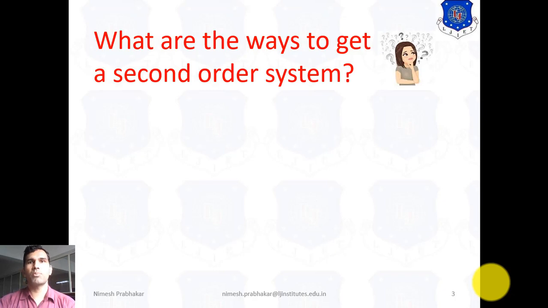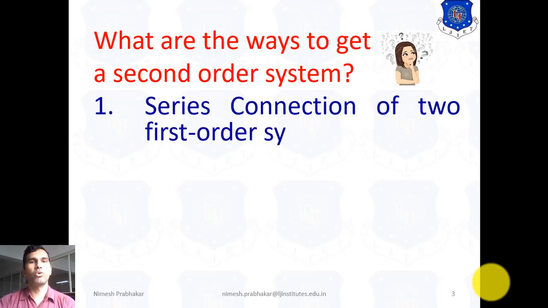There are a number of ways to get a second order system. The first way is series connection of two first order systems. That means by connecting two first order systems in series, we can get a second order system. This is the simplest method.